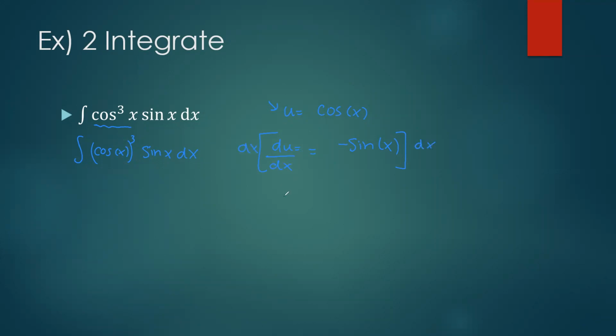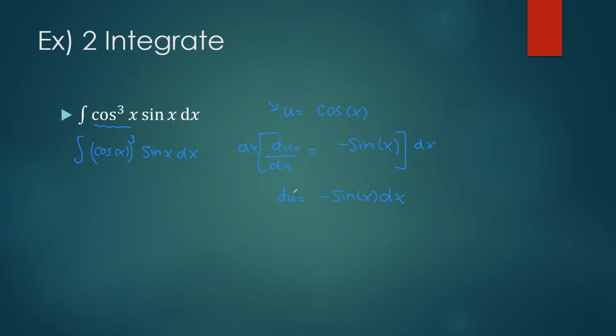So on the left side, it was just du equals negative sine x dx. Note that I'm not going to always do this. I'm not going to say du/dx and then multiply both sides by dx. I'm just going to say the right side has a dx.